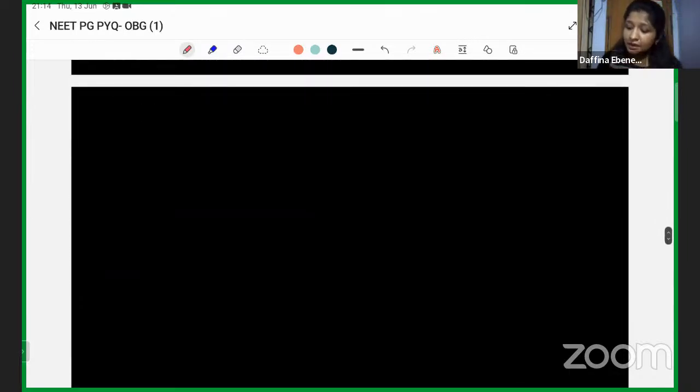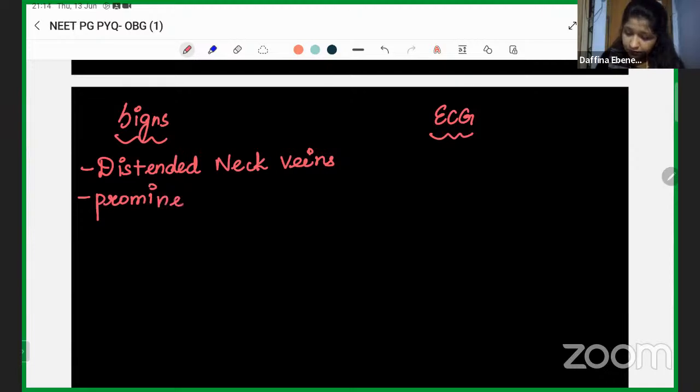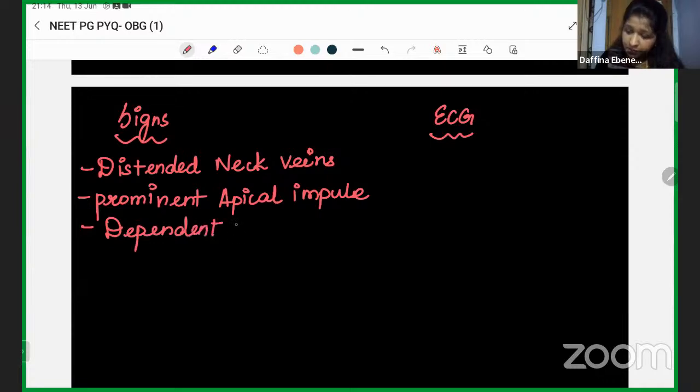What are the signs that can occur during pregnancy? Signs: distended neck veins, dominant apical impulse, dependent peripheral edema.